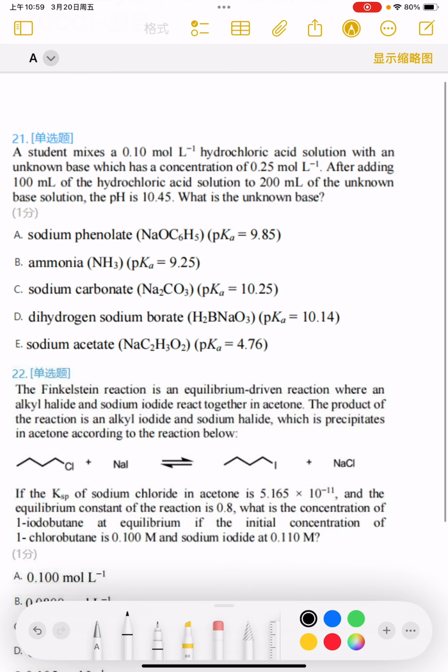Moving on to question 21. They told us that there's an acid with a base of unknown concentration. We added 100 milliliters, so we have a total of 0.01 mole of the acid. And we're given 200 mL of the unknown, so we have 0.05 of the base.